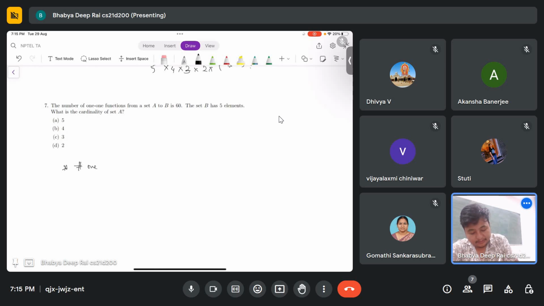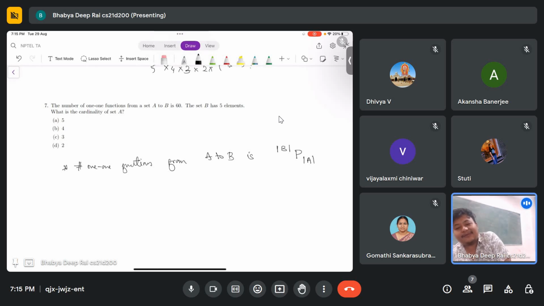The number of 1-1 functions from A to B is the size of B permutation size of A, where P is that permutation.